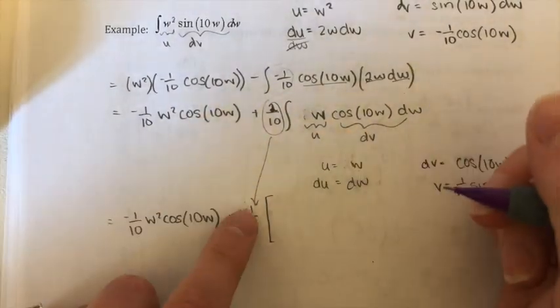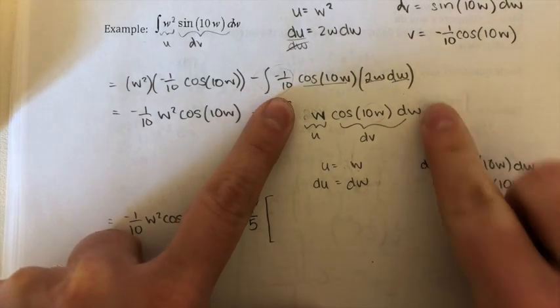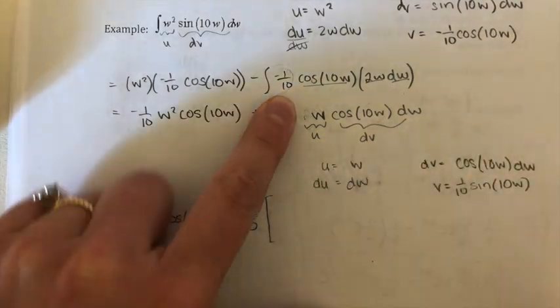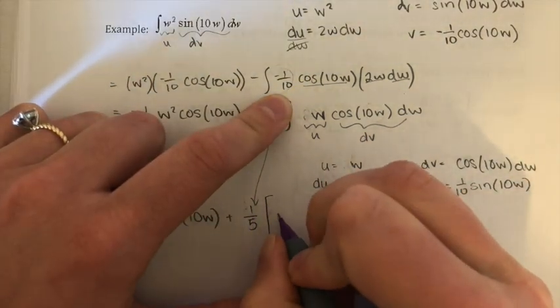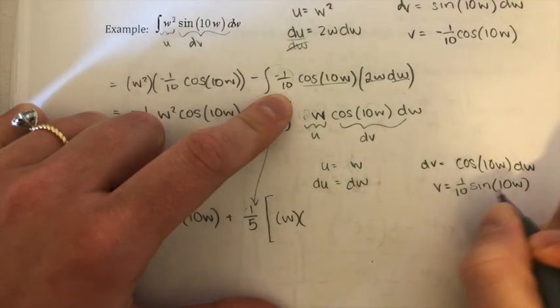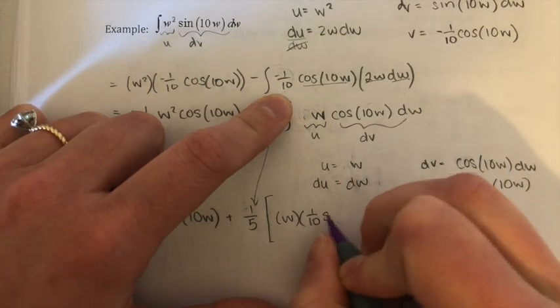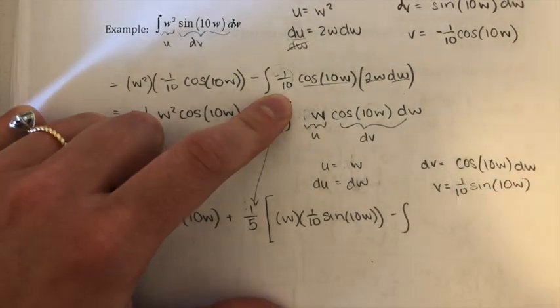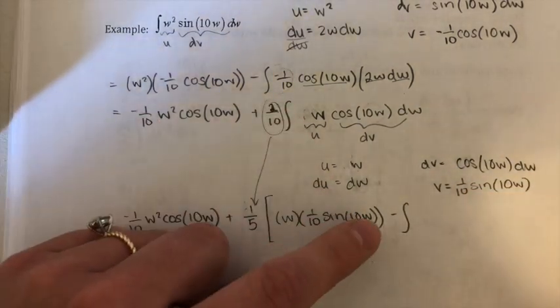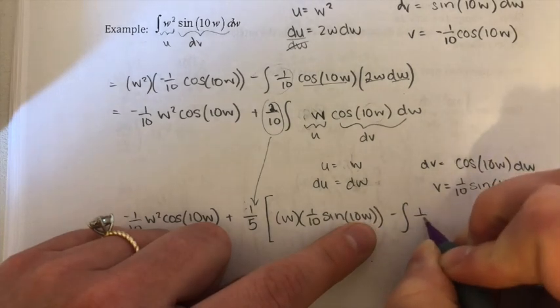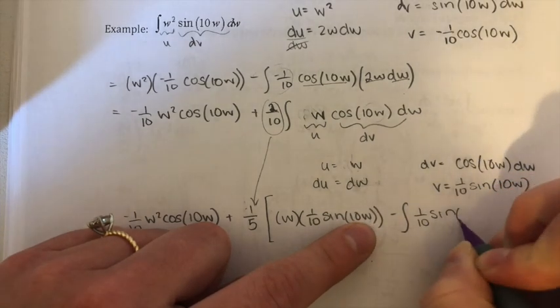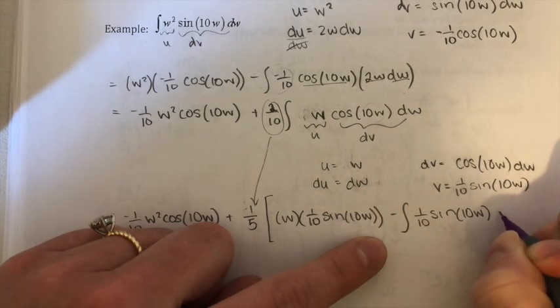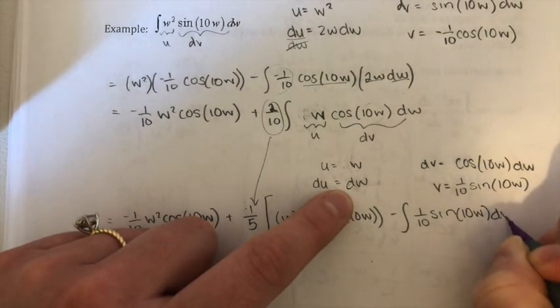So now we're just using this and using our new rules for replacing. So we've got u, so w times v, so 1/10 sine of 10w, minus the integral of v, so 1/10 sine 10w du, so dw.